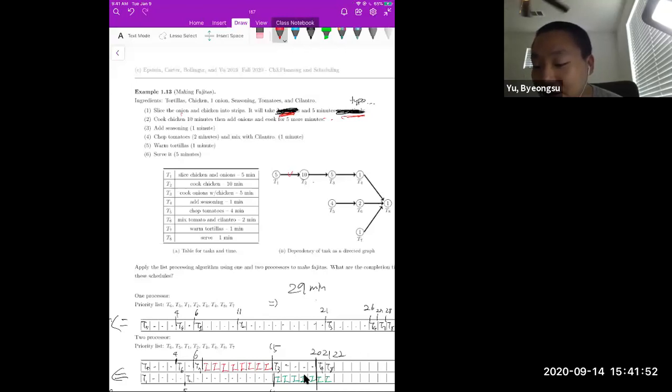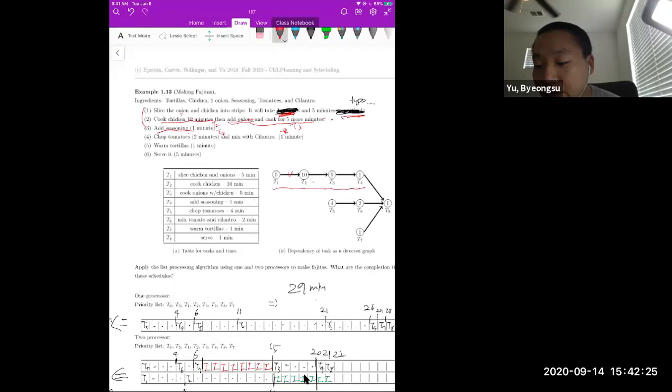Now add onions with chicken. So it is called T3. So this part is T2 and this part is T3. And then add seasoning is T4. And also to add seasoning, you need to cook onion with the chicken. So these are the chain of the tasks.